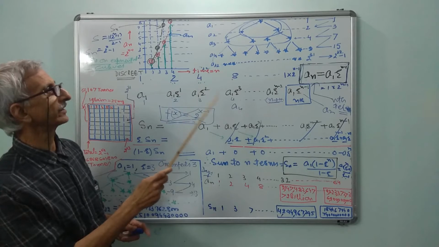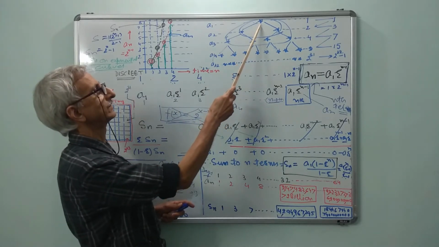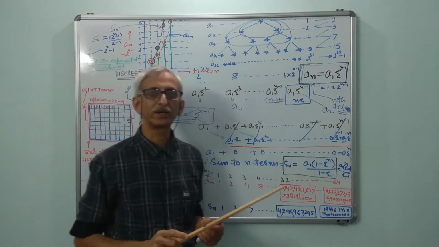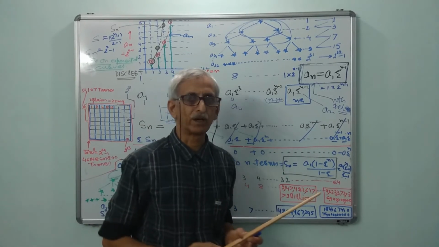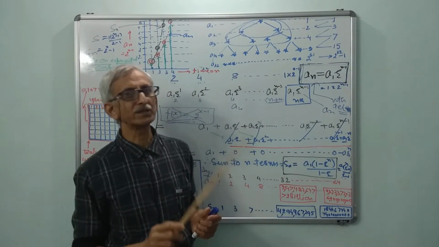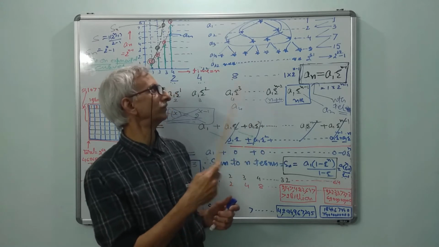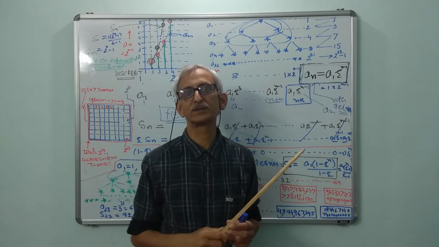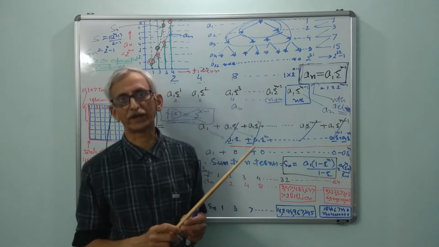Now you see here, suppose a virus infects people and every person infects 2 persons only, and suppose each day the next 2 are infected.